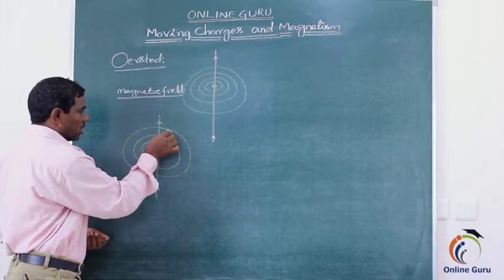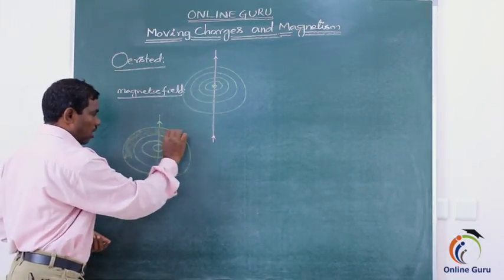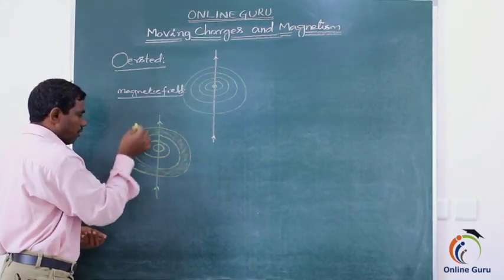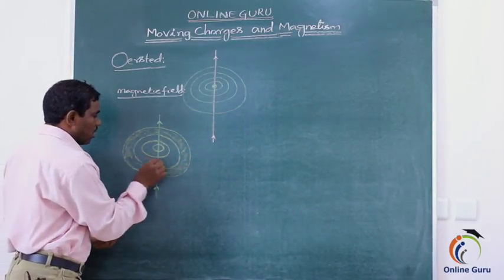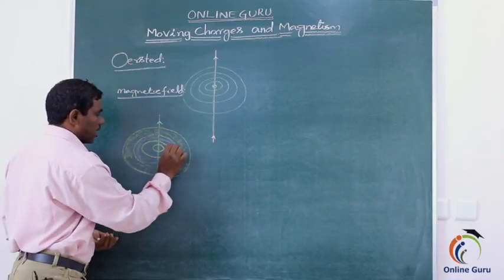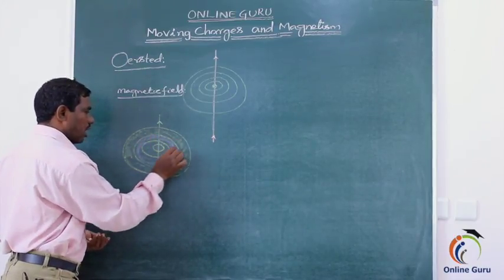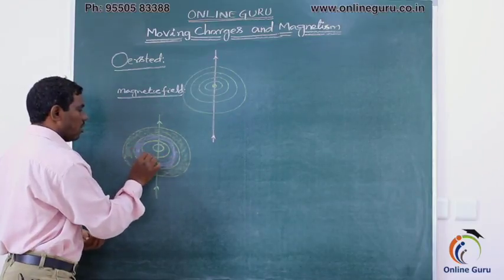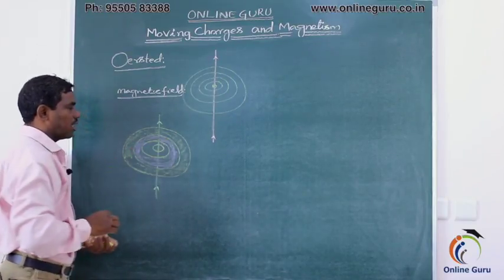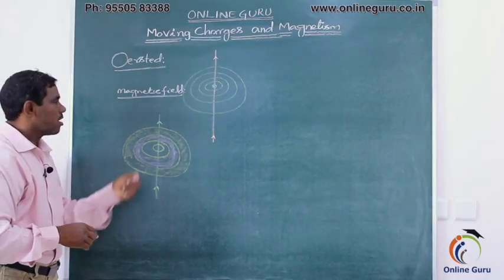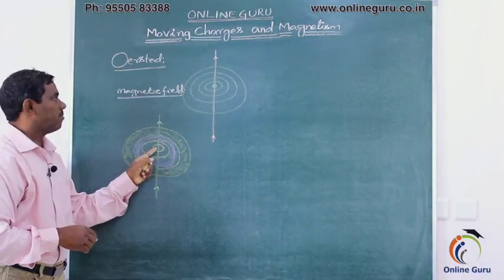Therefore, the space or region surrounding the current carrying conductor is defined as a magnetic field.